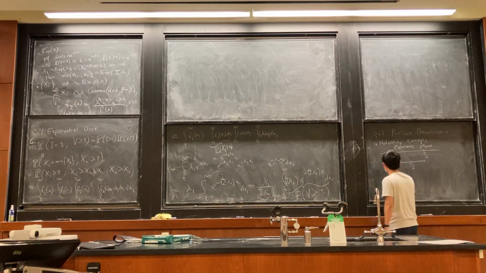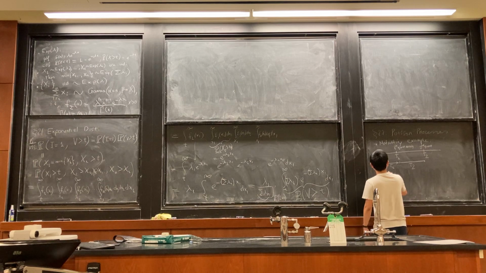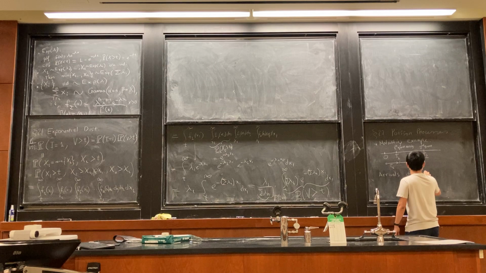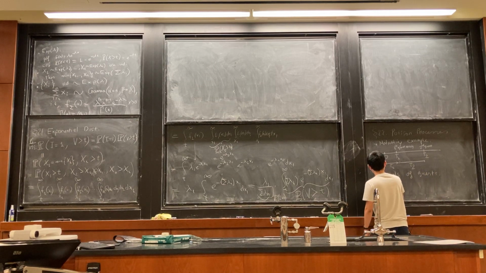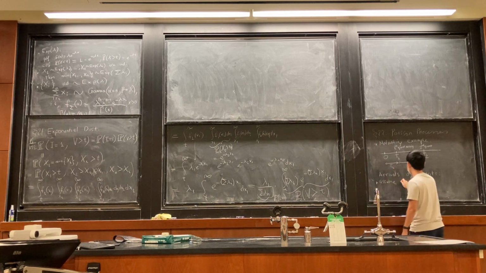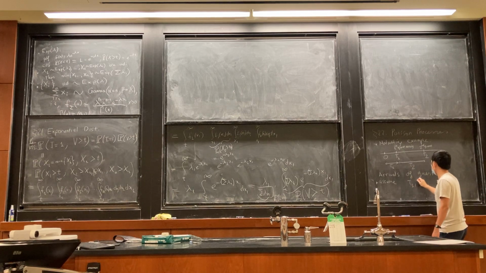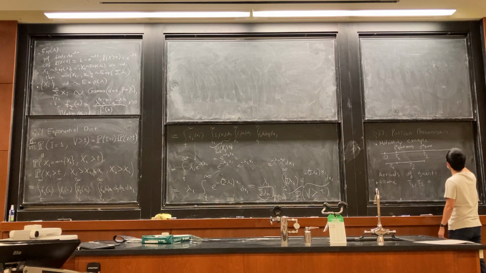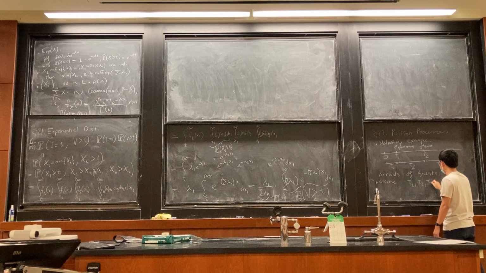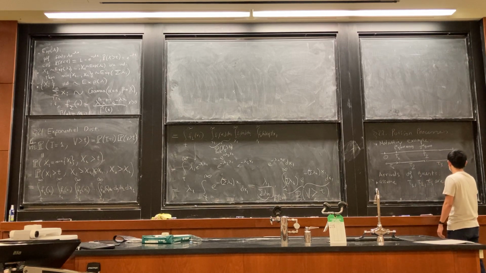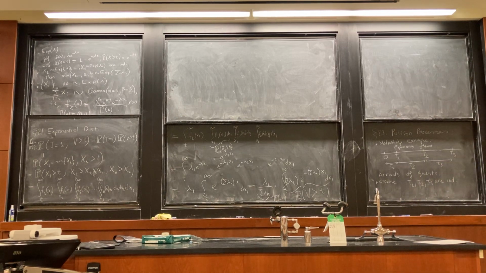So we want to model the arrivals of guests, where we assume the following: tau 1, tau 2, and I want to have a T3 over here, this is my tau 3. Tau 3 are independent.